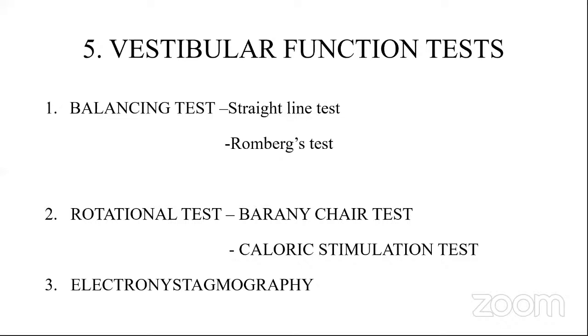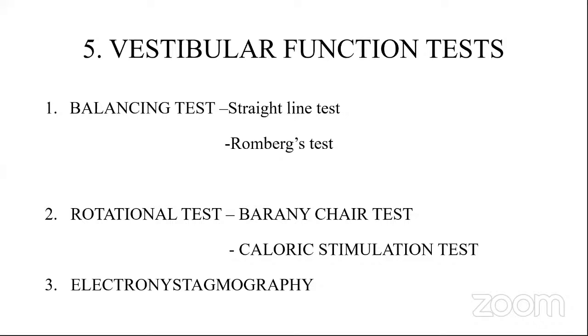So when the eyes are closed, the person will tend to fall. This is known as rhombus test positive. This is a test for the posterior column lesion, and it is known as sensory ataxia.